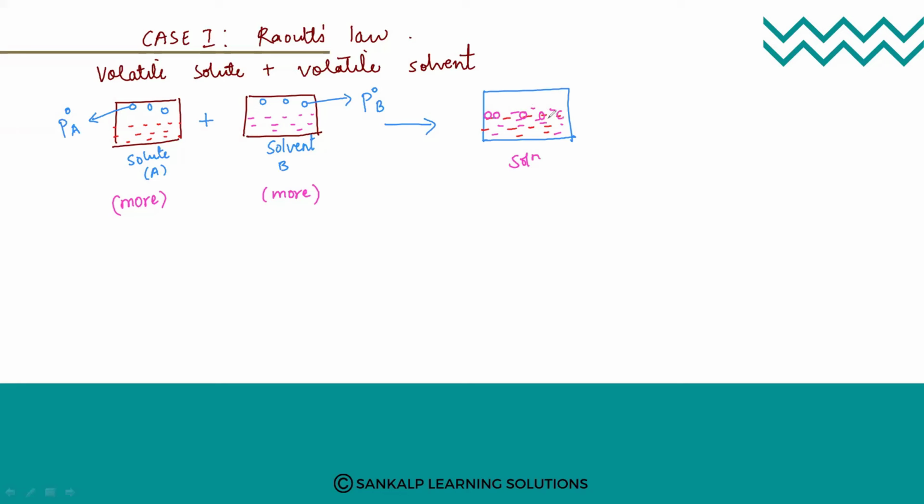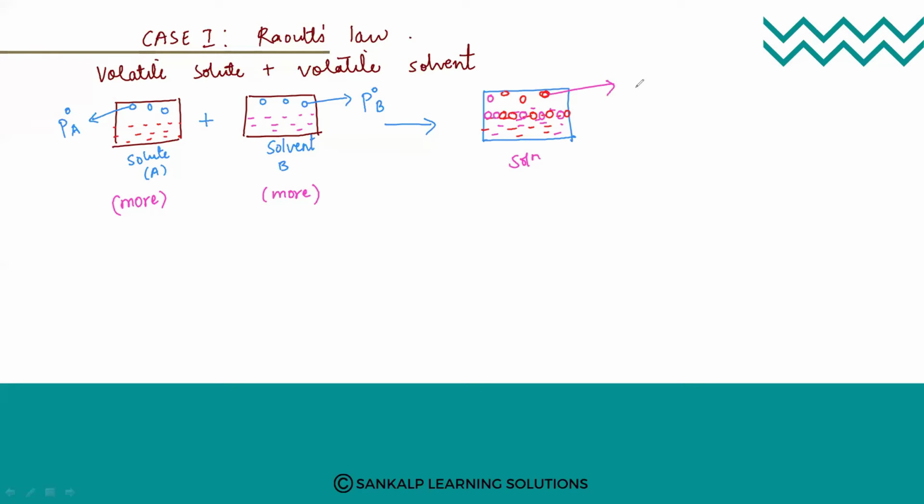Your solute molecules are present, and your solvent molecules are also present. Then when they undergo evaporation, the surface phenomenon, they will form vapors. The number of vapors formed will be less as compared to that of your pure solute and solvent.